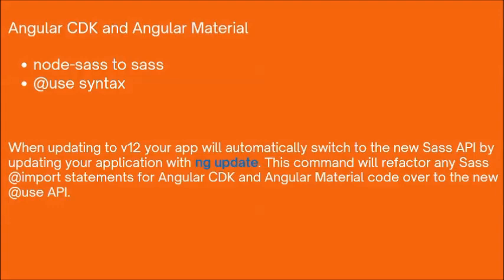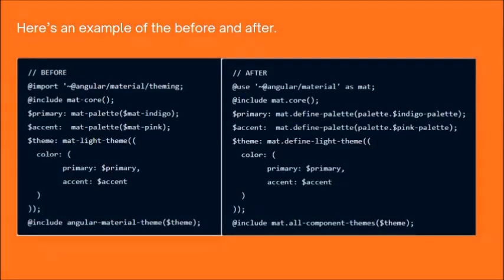When updating to Angular 12, your app will automatically switch to the new Sass API by updating your application with ng update. This command will refactor any Sass import statements for Angular CDK and Angular Material code over to the new use API. Here is an example of the before and after.